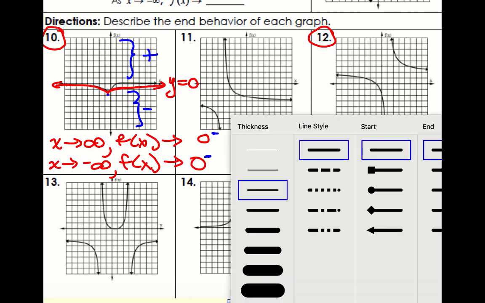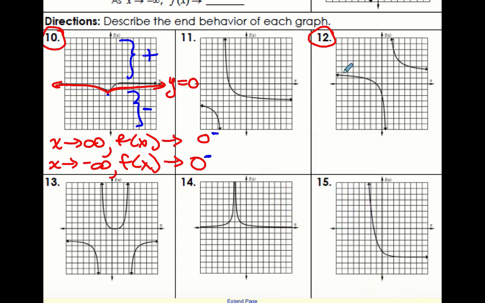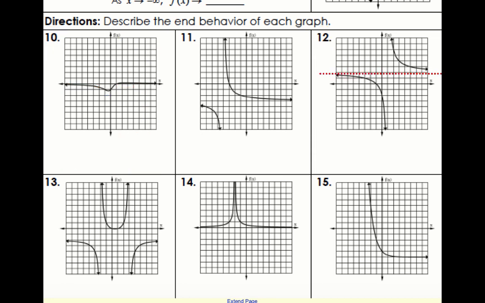On number 12, I also see that they're getting more and more horizontal. And so I'm drawing in my horizontal line. And it looks like that horizontal line is right there where y is equal to 2. Remember, we're looking at the extremes, so the left side and the right side. Now, just to switch it up a little bit, because it really doesn't matter if you go left side or right side, I like to go left to right. So as x approaches negative infinity, which is the left side, my y value is getting closer and closer to that line right there.